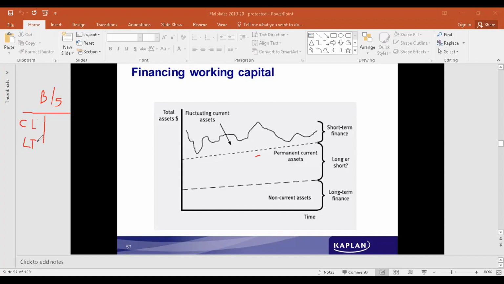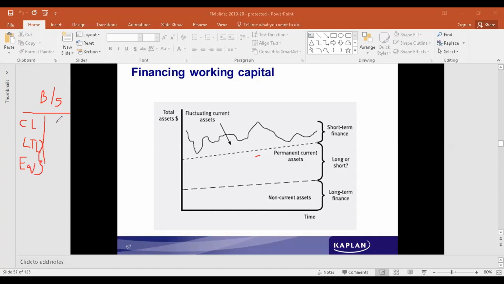Of course, equity is never repaid as long as the company exists. Long-term liabilities also have a longer period. So long-term liabilities and equity need not be repaid immediately.